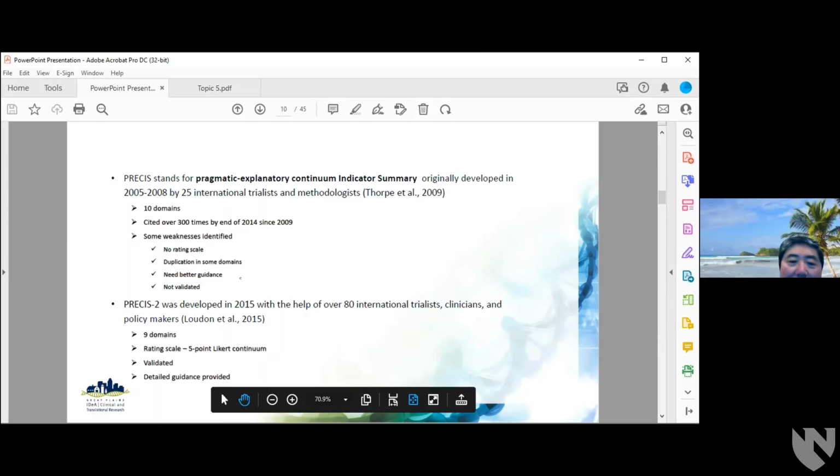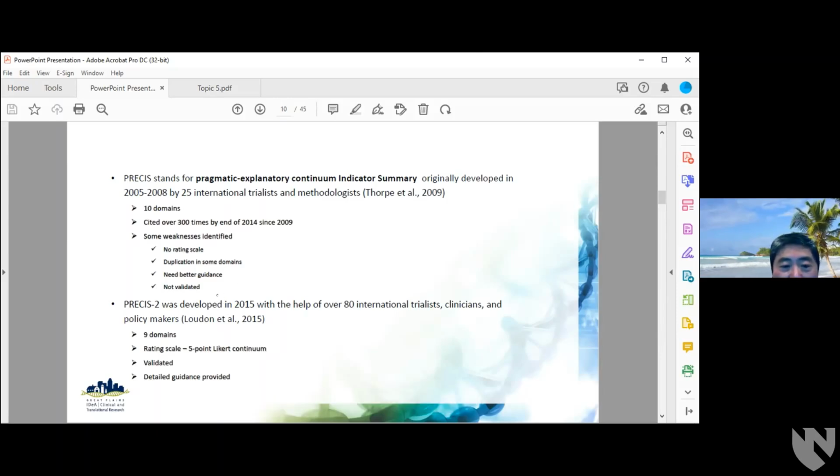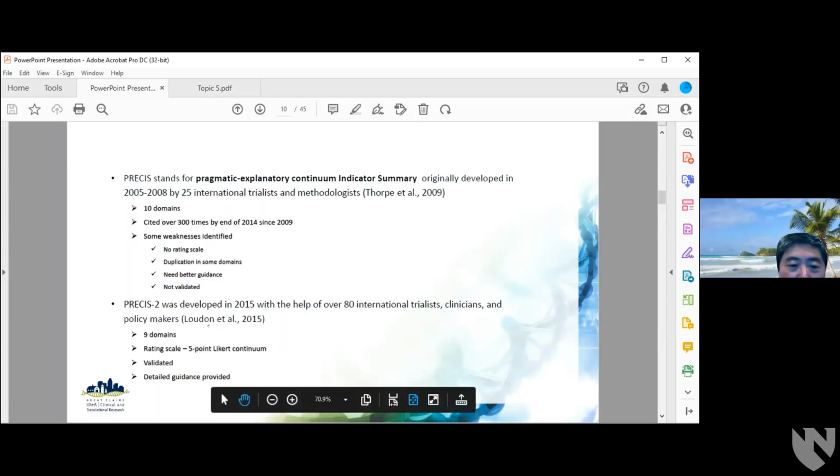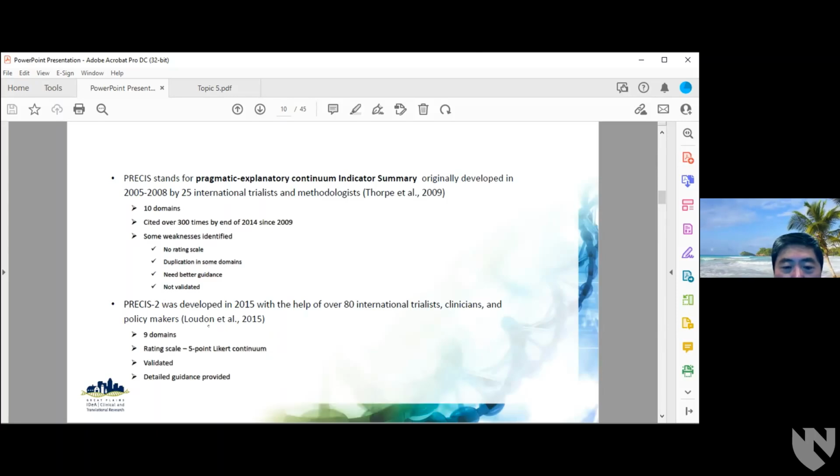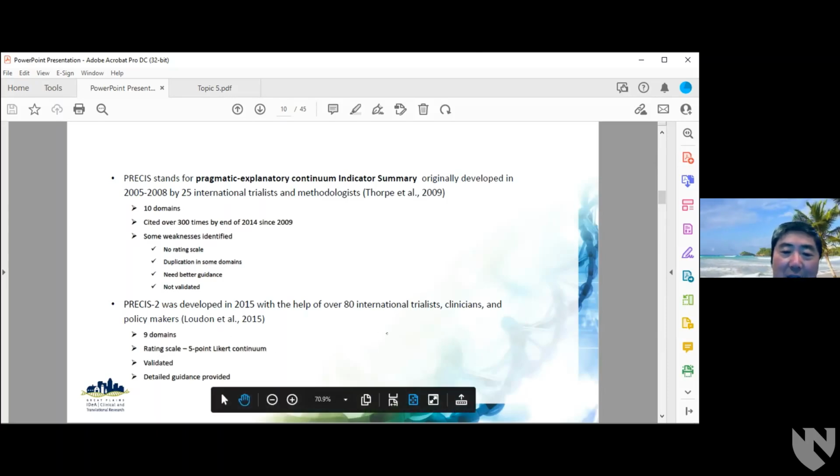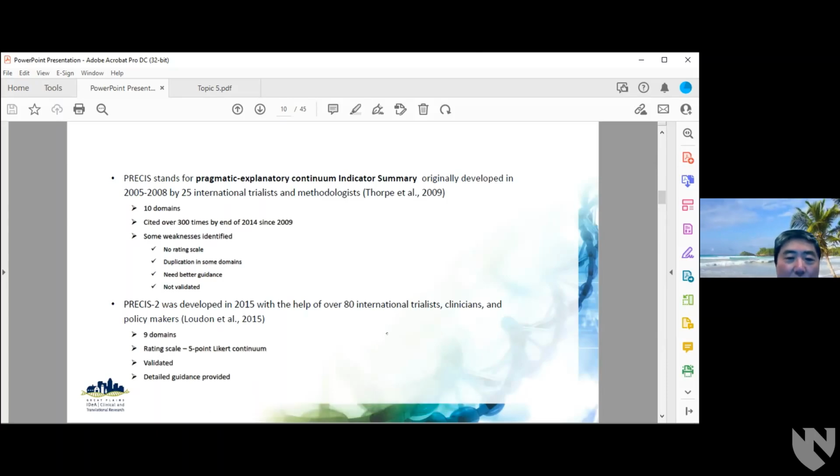So there's an updated version, which is what people are using now. It's called PRECIS-2, version 2. It was developed in 2015 with the evidence and information gathered from the previous version. With the help of over 80 international trialists, clinicians and policy makers, they reduced the 10 domains to 9 domains.